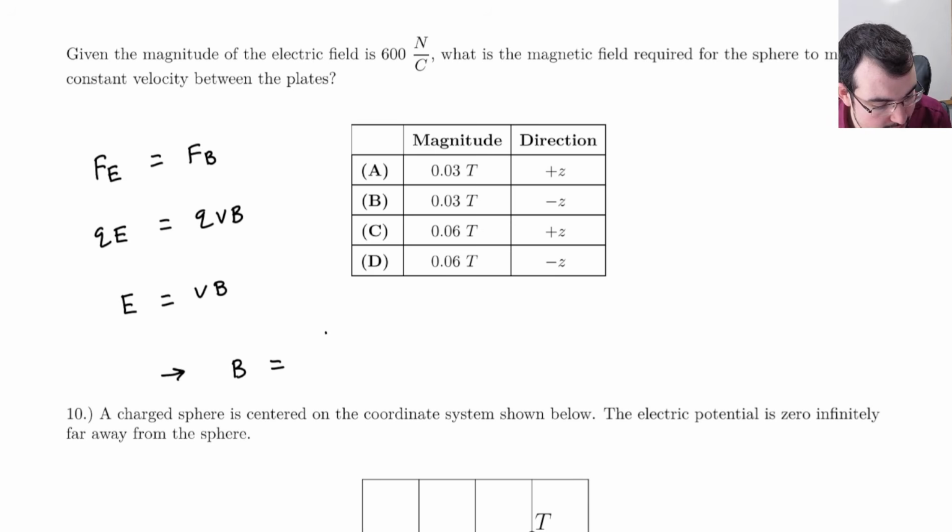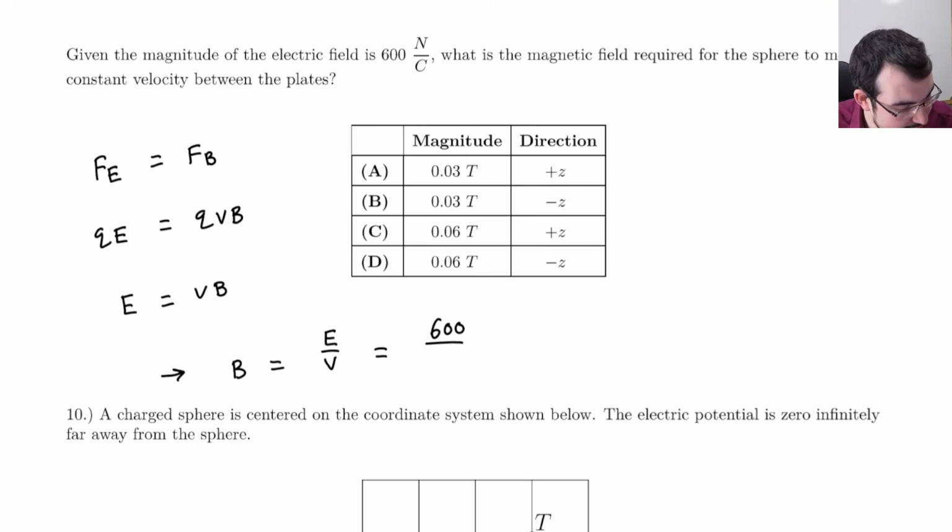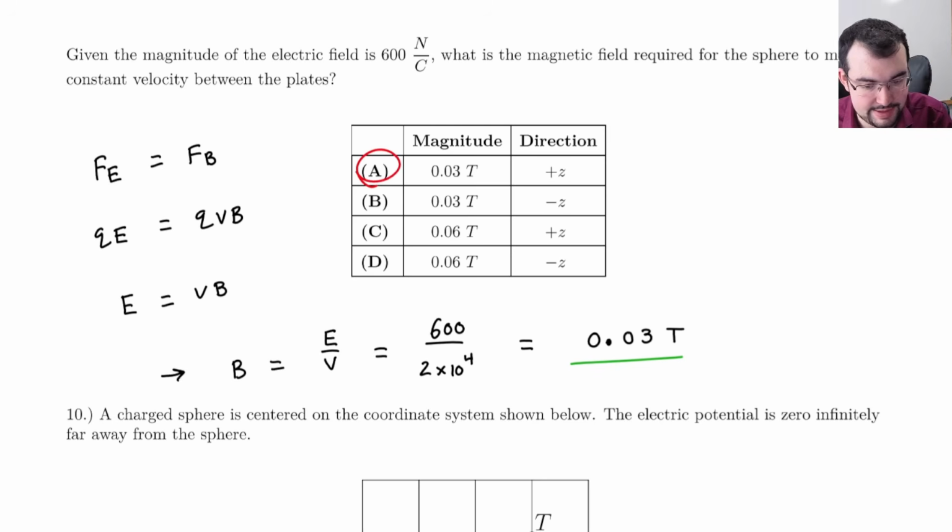So B is E over V, which is going to be equal to 600 divided by the known speed of 2 times 10 to the 4th. And 6 divided by 2 is 3, so we know it's going to be this one. So it's in the plus Z direction, and it is that magnitude, which makes it A.